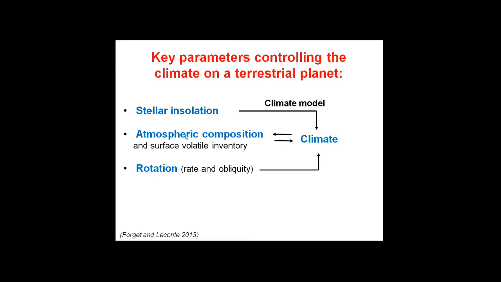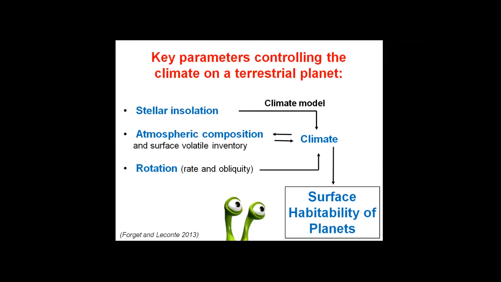It's true that we don't know much yet about what you can find on terrestrial planets, but we know about the solar system. The thing is that once you assume this, we believe that using climate models, it's not too difficult to estimate the possible climate. And then, if you can, for instance, assume that you have some water available, you can explore the possibility of surface habitability of planets using this scheme.